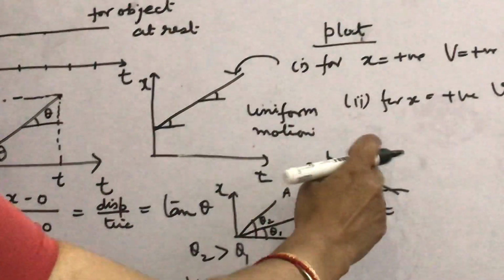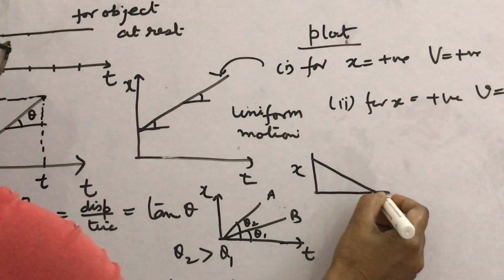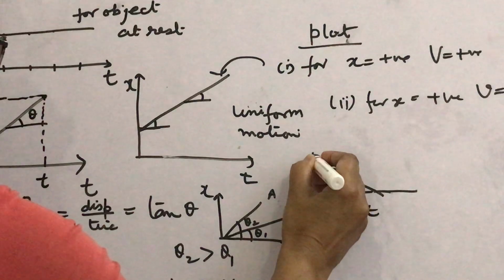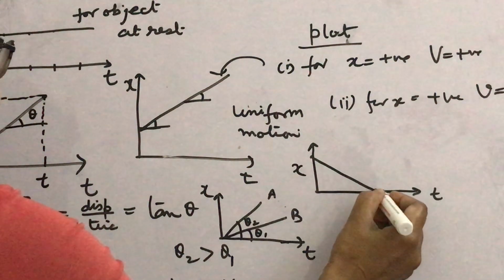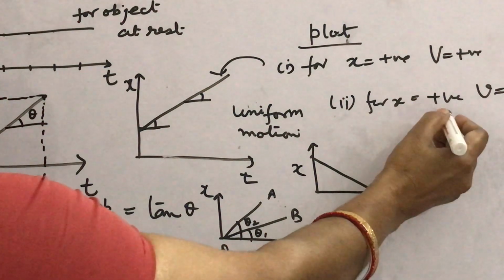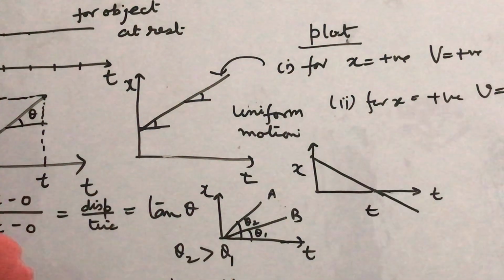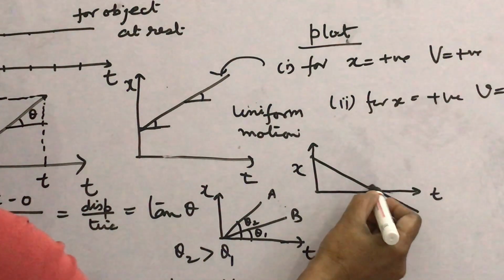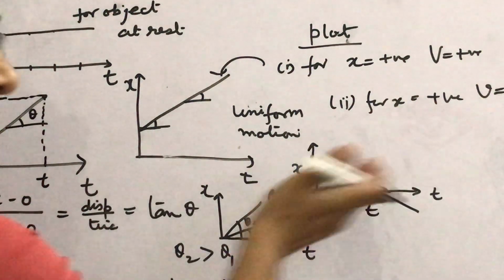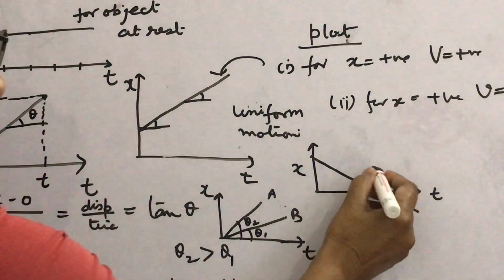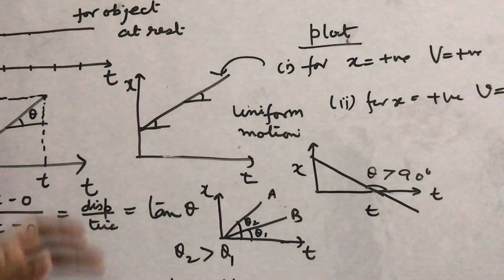Then what will you find here? In this graph you will say that this is the positive x and this is the time axis. Look here, what does this graph say? That x is positive, yes it is positive, velocity is negative, this is the slope. If this angle from the positive x direction, theta, is more than 90, then the slope will be negative.